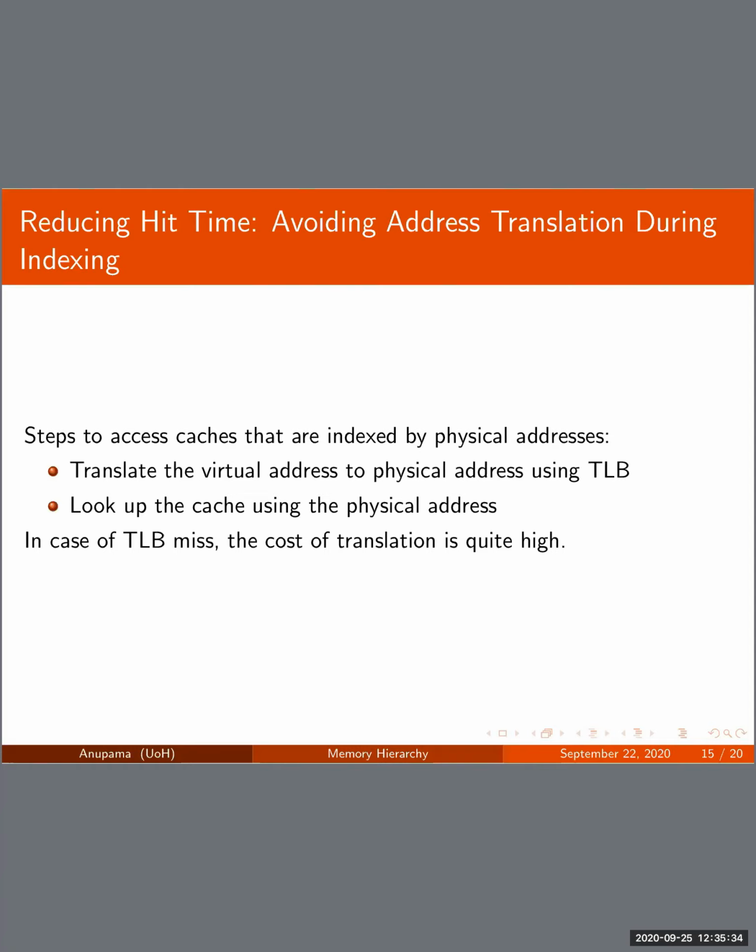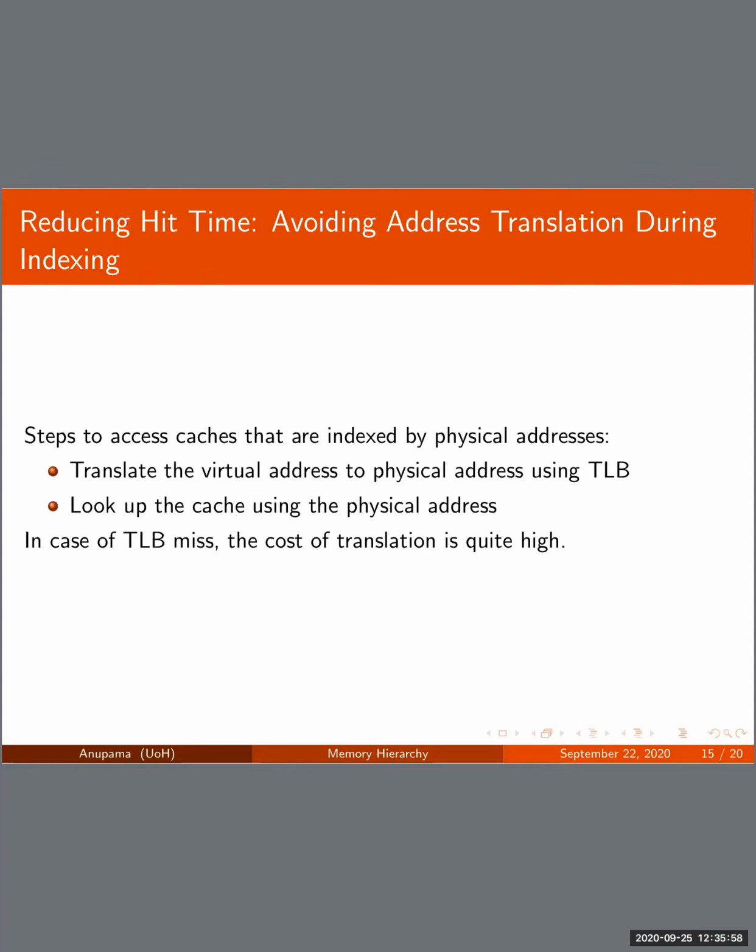Now, even if you have the TLB, let us say that the hit time for your cache is 1 cycle. Similarly, let us say that the hit time for a TLB is also 1 cycle, and therefore let's assume that in 1 cycle or at most 2 cycles, it will translate the virtual address into physical address.